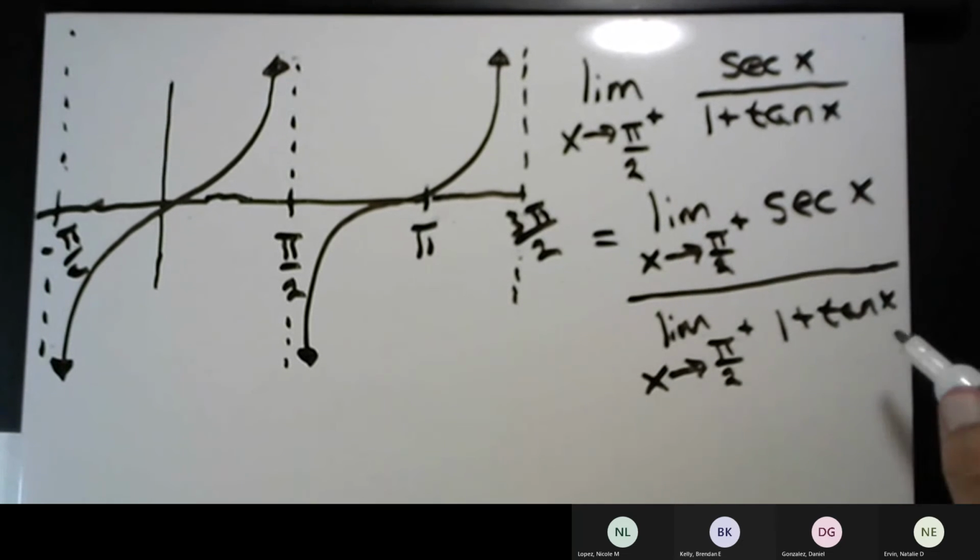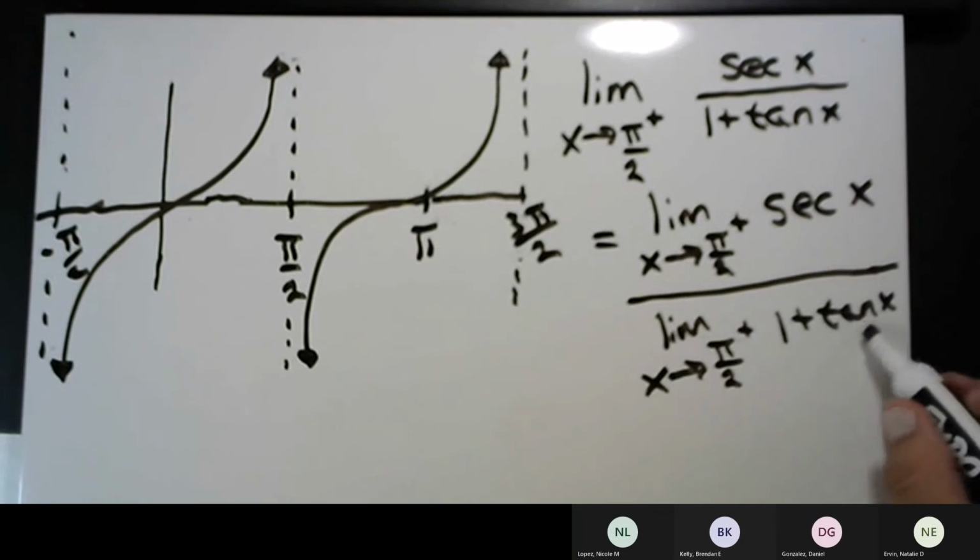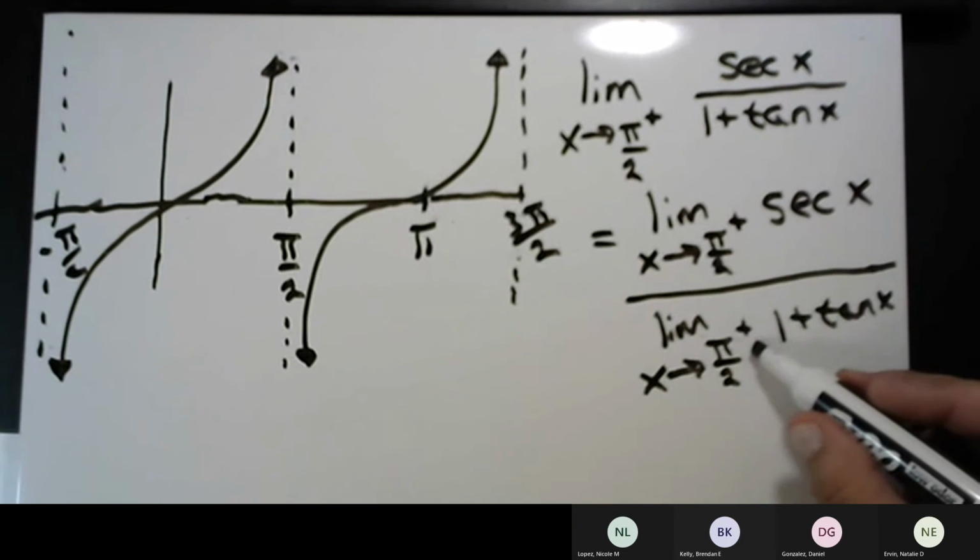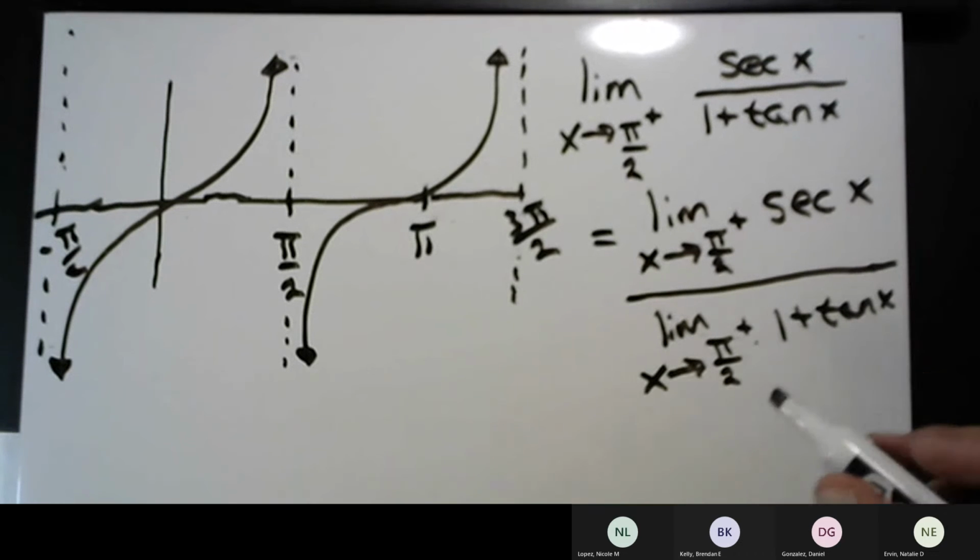Well, this limit here, we're going to be taking the limit of 1 plus tangent x as we approach from the right of pi over 2.